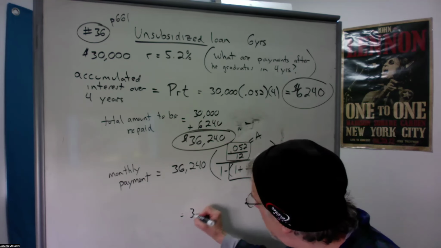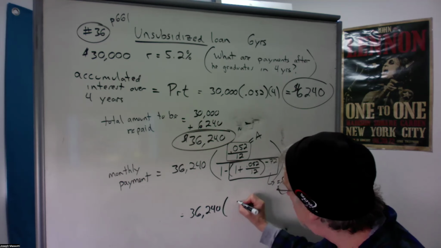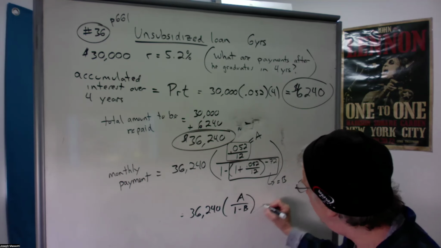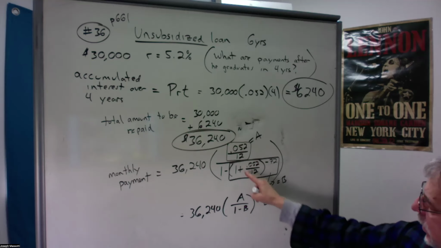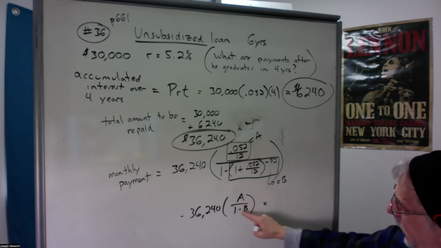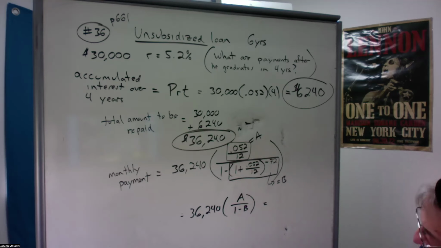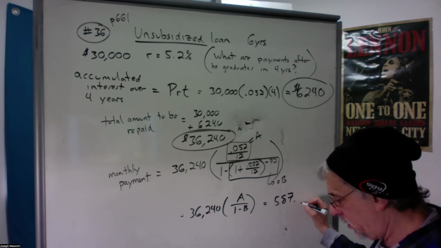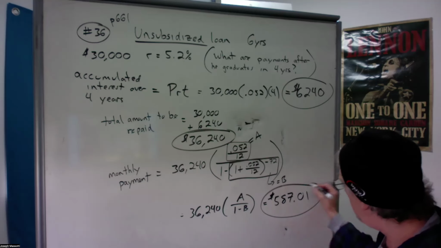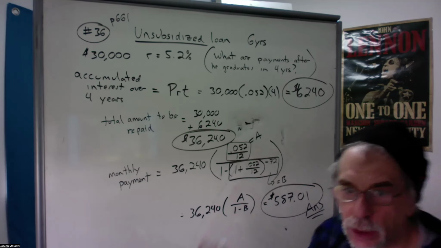And then I can just say 36,240 times A over 1 minus B. So now I just have A over 1 minus B times that remaining amount, 36,240 times A divided by 1 minus B. And my monthly payment should come out to be $587.01. And that is your answer to number 36.